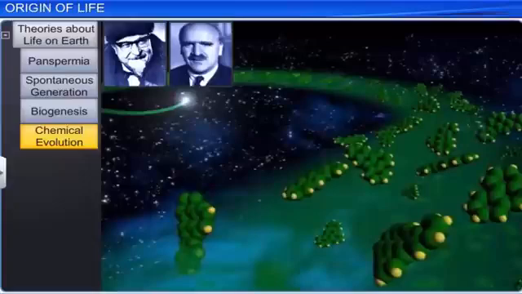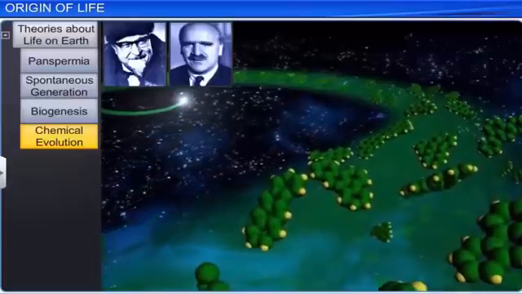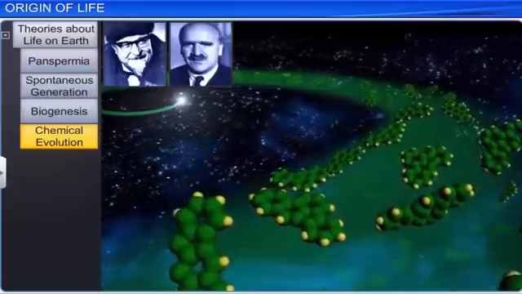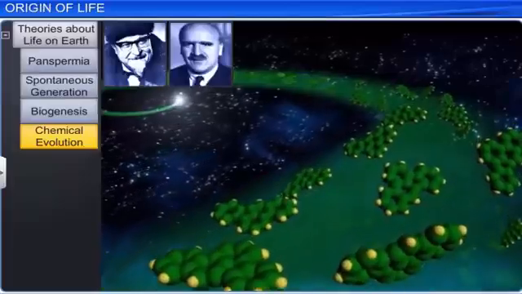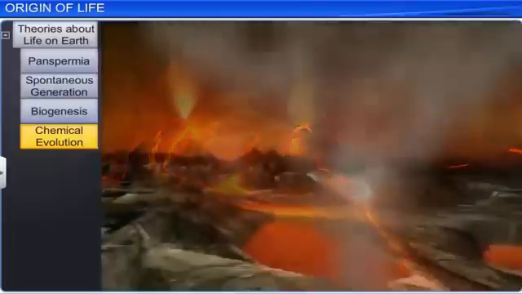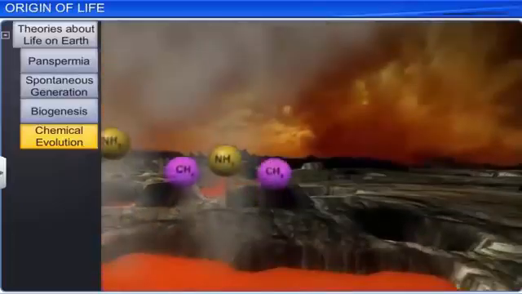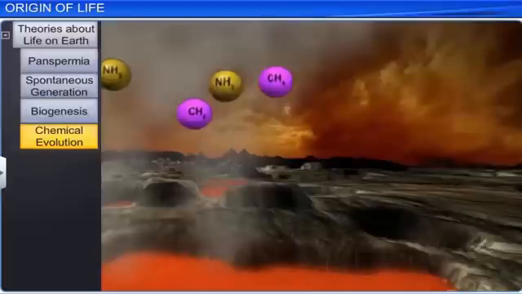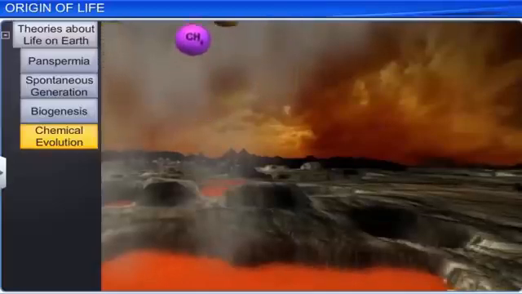They also pointed out that the birth of life was preceded by chemical evolution or the formation of diverse organic molecules from inorganic constituents. When the Earth was created, the conditions were high temperature, volcanic storms, and reducing atmosphere consisting of methane and ammonia.